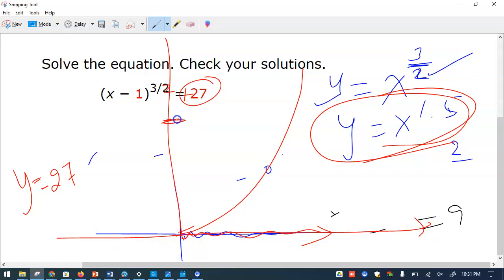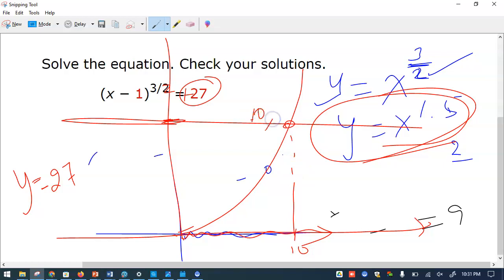So if this is 27, it has to cross somewhere, and that is at 10. So when x is 10, the answer is 27, and that's the understanding of it. I hope that makes sense. Even though the problem is very simple, I thought of showing you the graphical representation, how that works.